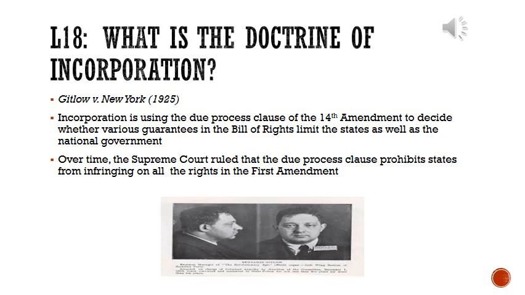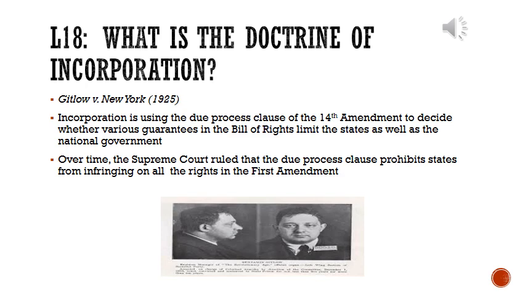This was during the first Red Scare, and the state of New York had an anti-anarchy law. That means that if you're looking to violently overthrow the government, the state can take action on you. So Gitlow was arrested, and Gitlow said, "Well, I have the right of free speech. I can do whatever I want."